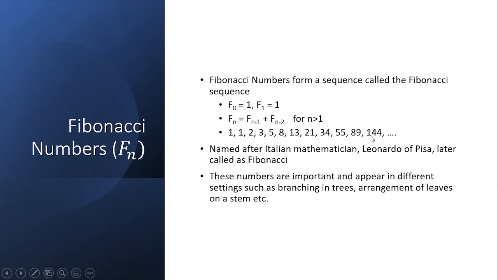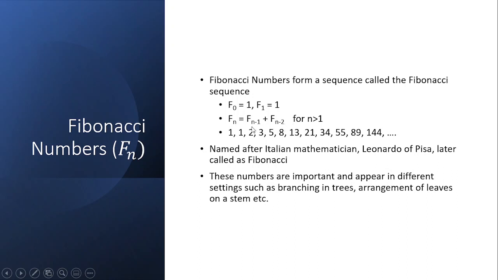So this is an indefinite sequence, and in this sequence the first two numbers are 1 and 1. In general, we represent the Fibonacci numbers as f sub n. The first two Fibonacci numbers, f sub 0 and f sub 1, are equal to 1, and for any other n greater than 1, you can find the nth Fibonacci number as the sum of the (n minus 1)th and (n minus 2)th Fibonacci numbers.